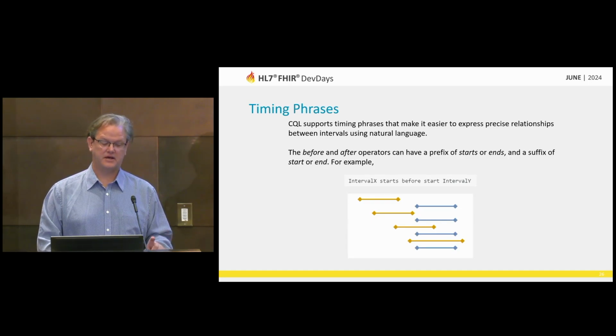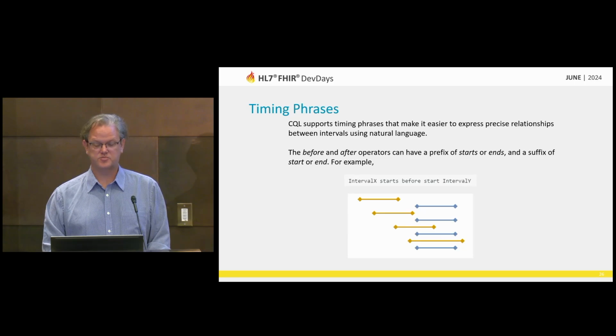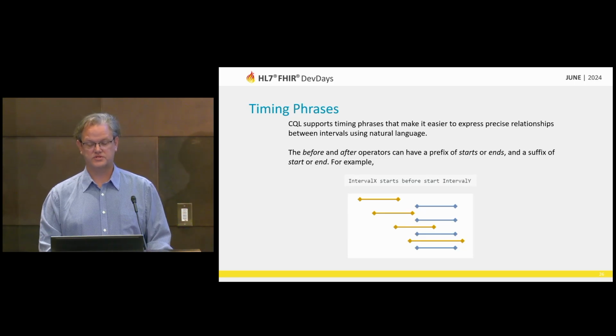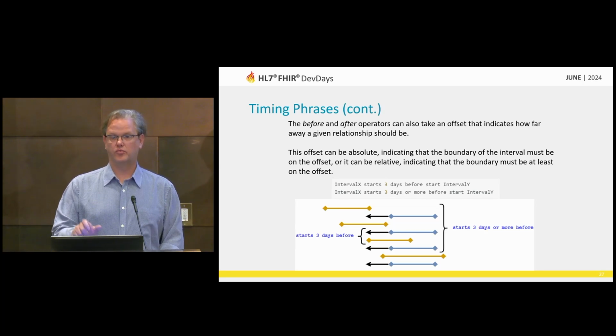So I can say, does an interval start before or after? I can use starts or ends on an interval value to pick up the beginning or ending of that interval. So I can say things like interval X starts before the start of interval Y. And given two intervals, those will return true because the start of X is before the start of Y. I can also say starts before, within, and offset.